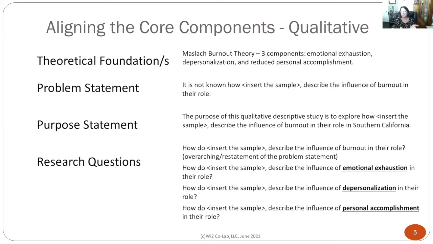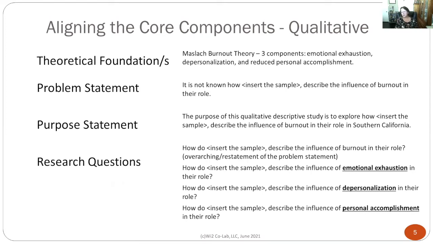And then we could have, how do our sample describe the influence of the components of burnout in their role? But the likelihood that you will have to rewrite chapter 4 is going to be pretty high, because you're going to be just writing and writing and writing with the second research question, versus it being very focused on what data you collected and then how it aligned to each one, how the theory, if you will, showed up in your study.